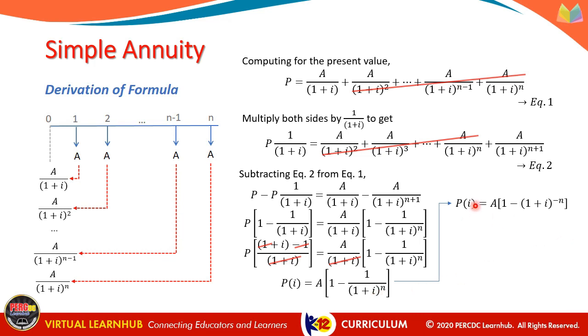Next step, we just need to transpose i to the other side of the equation, and we will get present value P is equal to A times quantity 1 minus (1 plus i) raised to negative n over i. You can add this to your list of formulas for simple and general annuities.